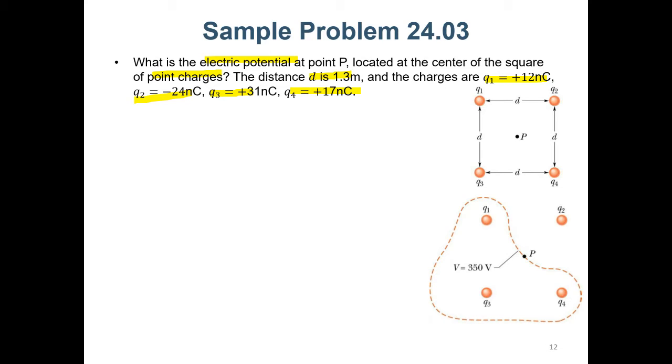We need to calculate the electric potential at the center of this square. They have different charge amounts. Some are positive and one of them is negative.